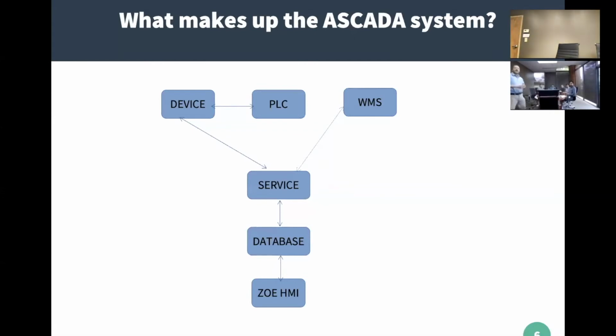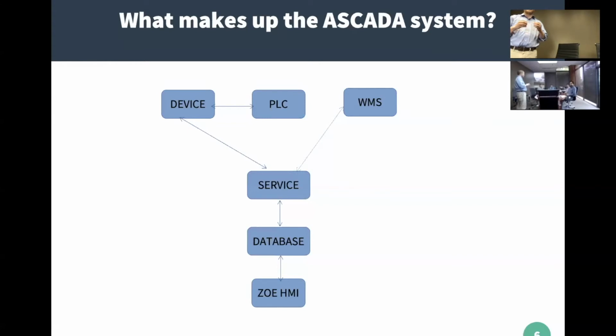Then you also have a WMS, which is a warehouse management system. That's at a higher level. We typically don't work in the WMS world. Usually that's a larger system working on the inventory of a plant.